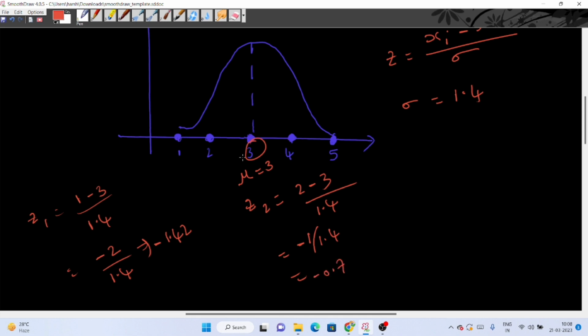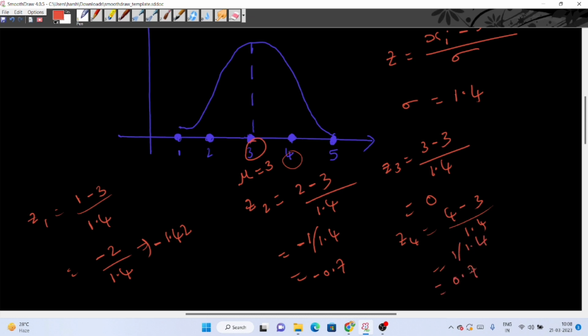That equals minus 0.7. And for the third point, we calculate z 3 as 3 minus 3 by 1.4, which is going to be 0 because 3 minus 3 equals 0. Now z 4 is equal to 4 minus 3 divided by 1.4, which is 1 by 1.4, that equals 0.7.